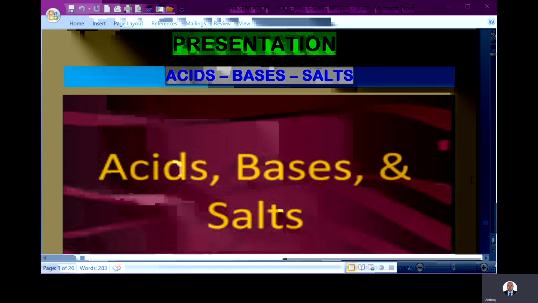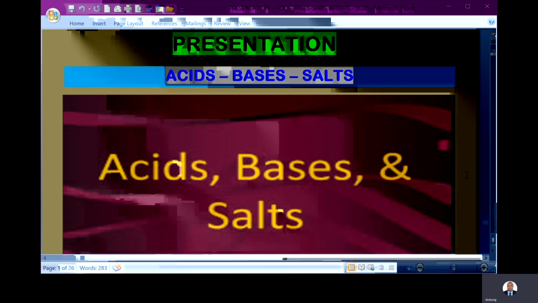You should be able to use that knowledge to describe the pH of an acid and a base and their strength, weak and strong acids, as well as weak and strong bases.